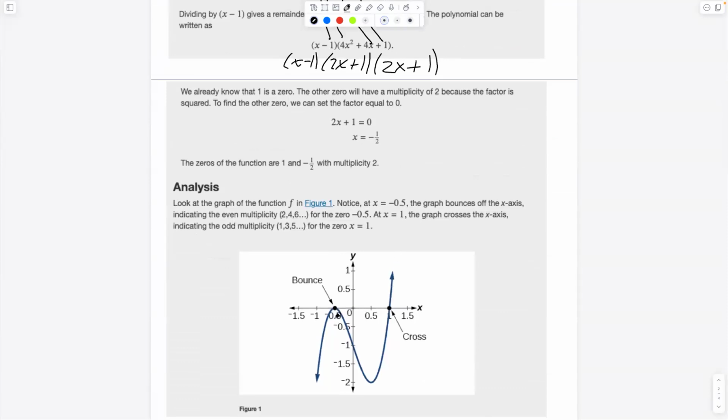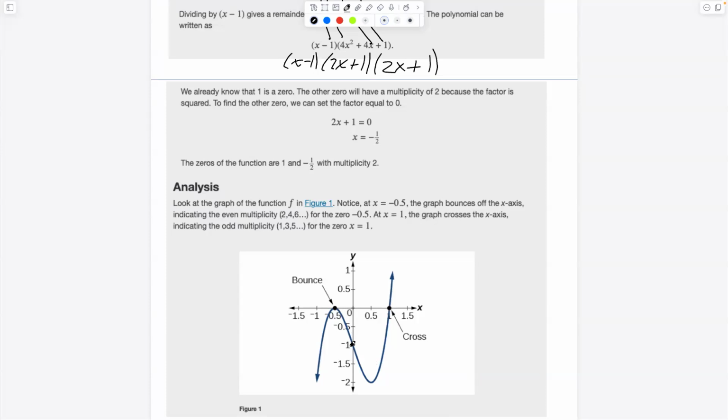So our arms are going to go like this. We know we've got a root at -1/2, so an x-intercept at (-1/2, 0), with a multiplicity of 2, meaning the graph is going to bounce off there.